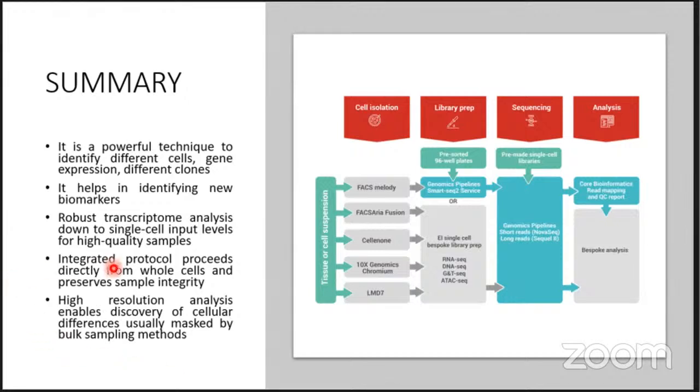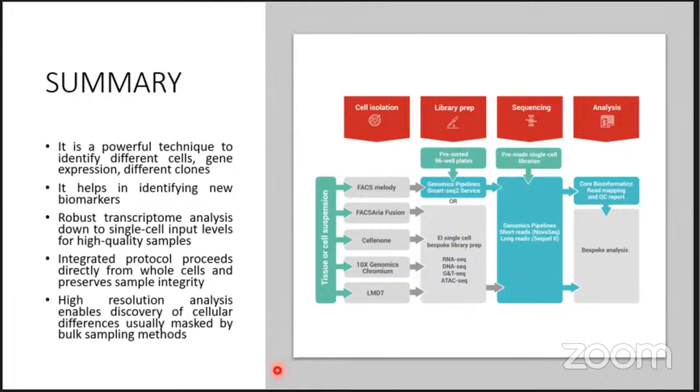It is a very robust transcriptomic analysis down to single cell input levels for high quality samples. So our sample preparation needs to be very high quality, otherwise this will be very challenging, both for data generation and for analysis.